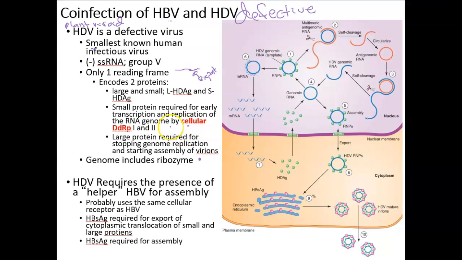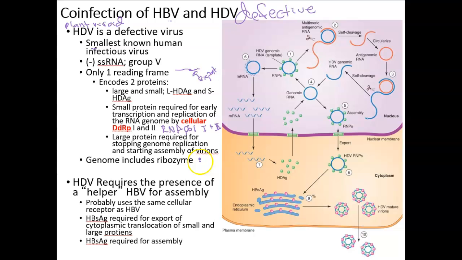It can actually use the host RNA polymerase, and it uses RNA polymerase 1 and 2. The large protein is then required in the second half of the replication cycle. It stops genome replication. It's the protein that has the export signal, so it can leave the nucleus, and it's responsible for starting the assembly of the virions.